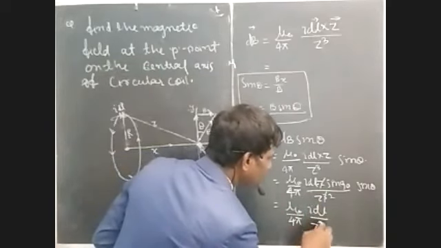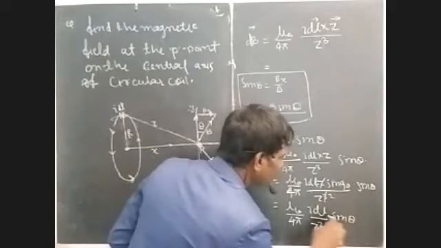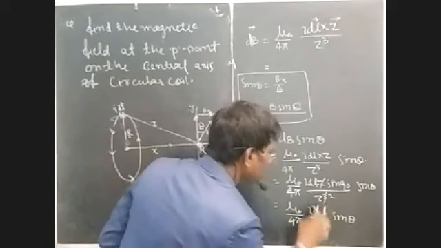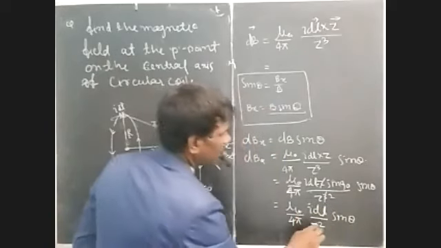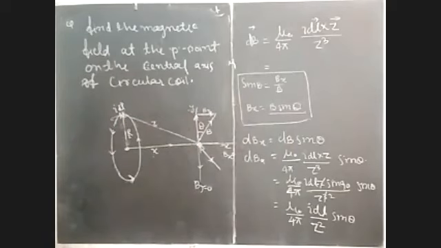So this is Z square, sine 90 is 1, and this is sine theta. Are you getting me? This is IdL, it's clear, and this is Z square. Up to this point I think you understand.